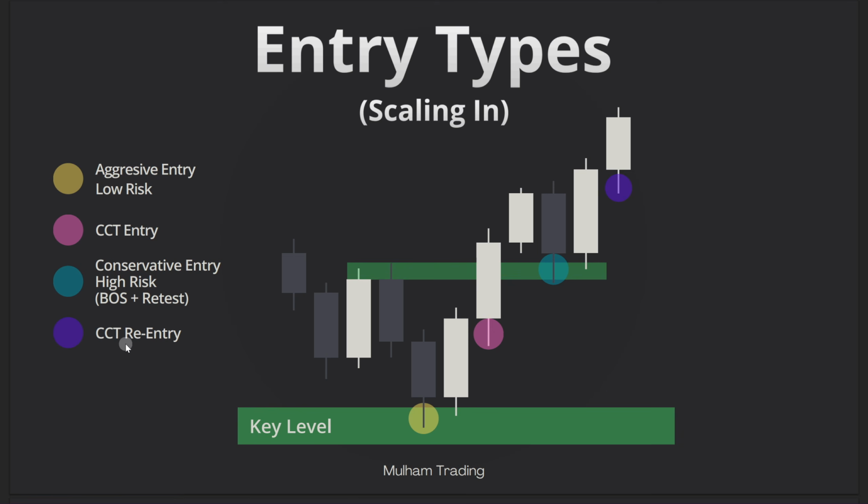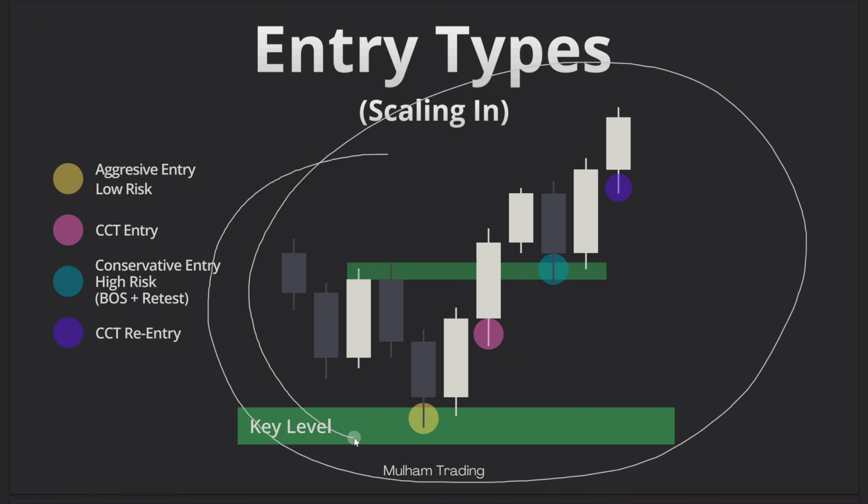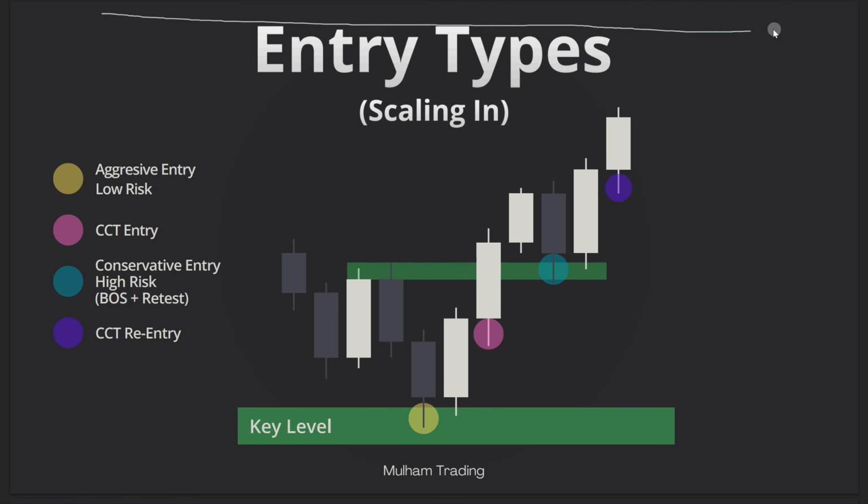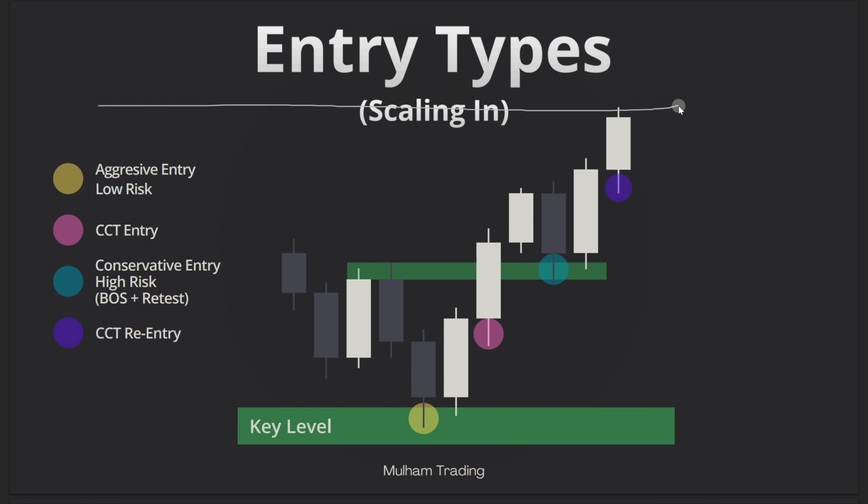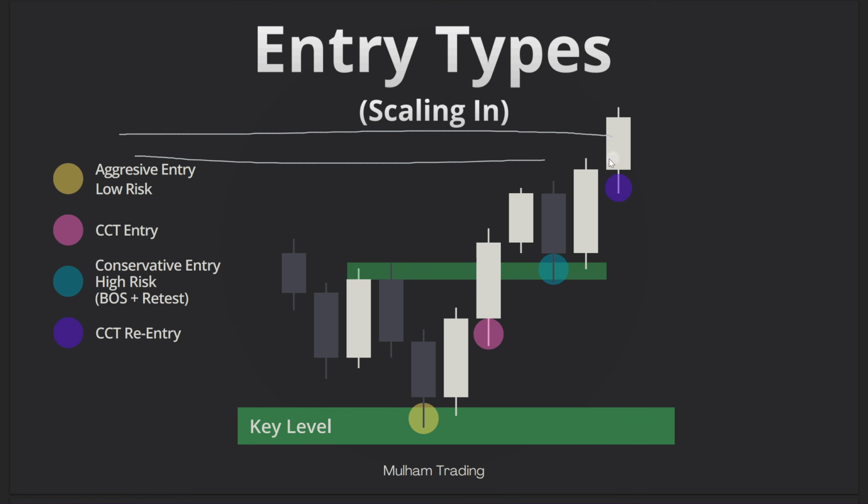And what I say is that this one is safe and not safe, risky and not risky. Why? Only if you're just at the beginning of the trend and you have a very clear key level way above this area, then you can enter. However, if this candle here is already kind of reaching a key level, then it's very risky entering from this CCT. Why?